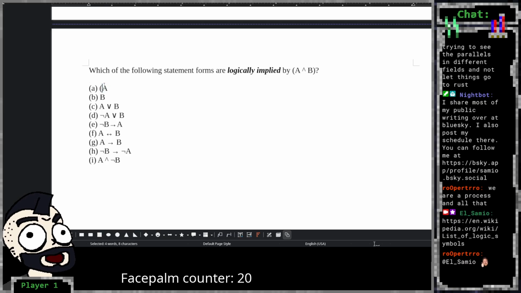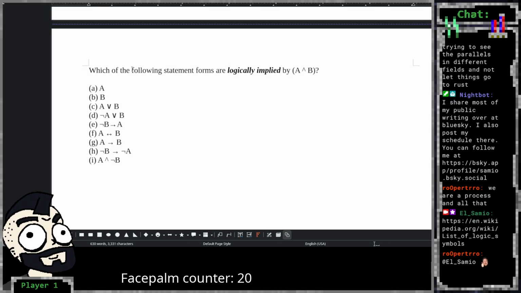Therefore, A and B implies A. There is no possible situation in which A and B can be true and A can be false, because in order for A and B to be true, A needs to be true. A cannot be true and false at the same time. Therefore, A is logically implied by A and B. I have multiple methods to prove or reason this out.